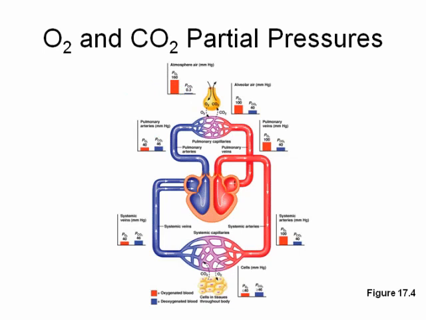So as the blood is leaving, the partial pressure of oxygen is about 100. For CO2, it's about 40. And that is because the gas in the blood in the pulmonary capillaries is equilibrating with the gas in the alveoli.